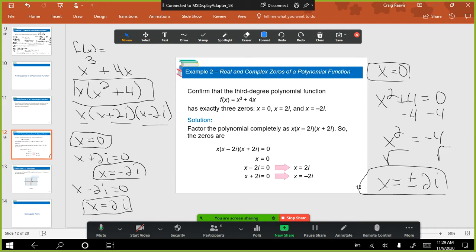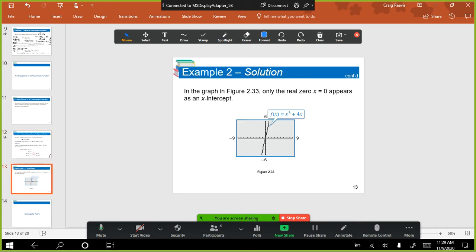Now, when I'm looking at the graph of this, we cannot see imaginary zeros on the graph at all. The graph shows us nothing about where complex zeros are, because it's not in a place where it crosses the x-axis. So this graph is only going to cross the x-axis at 0. I think this is what the graph looks like right here.